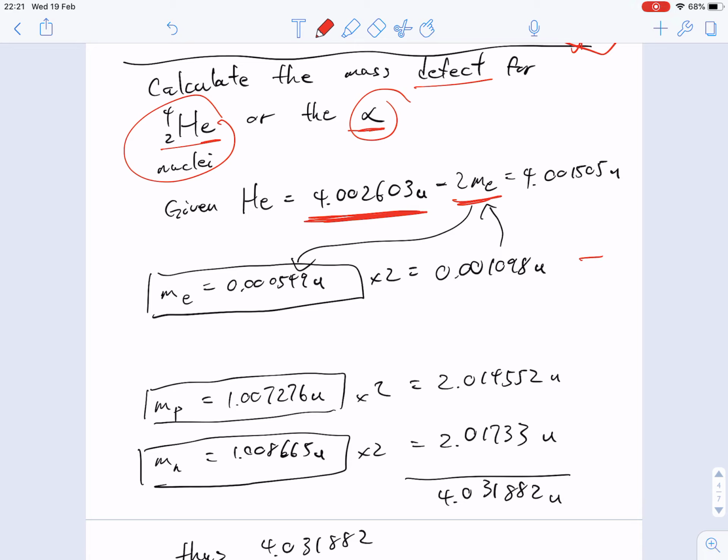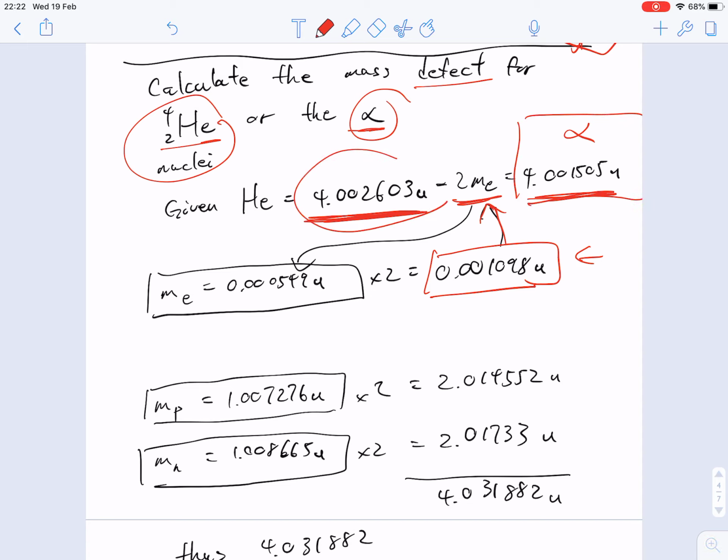So here is our 2 electron calculation. We're subtracting this number, and we end up with this value. So this is now our alpha particle mass, whereas this was the entire helium atom. That's now a full alpha particle without the electrons.